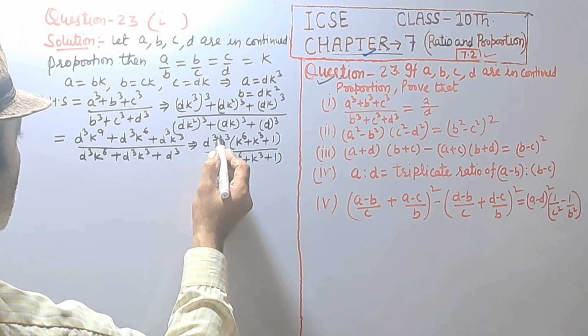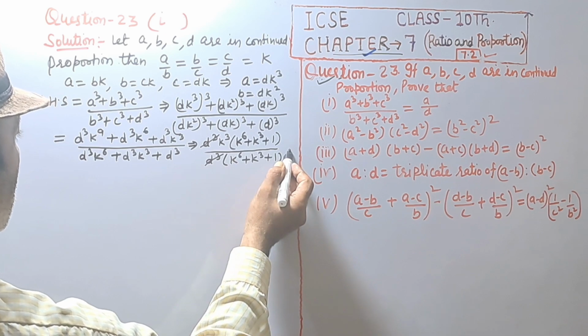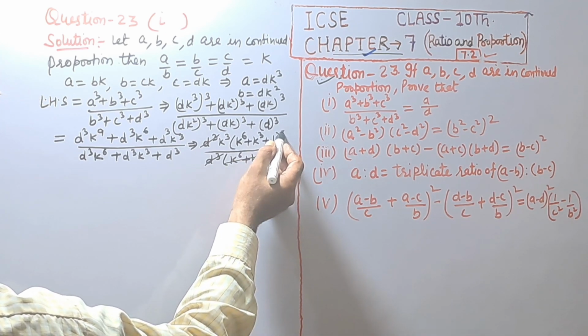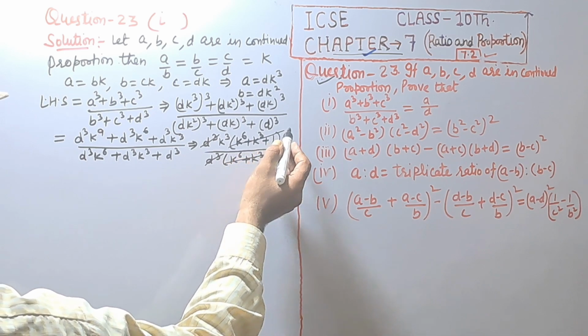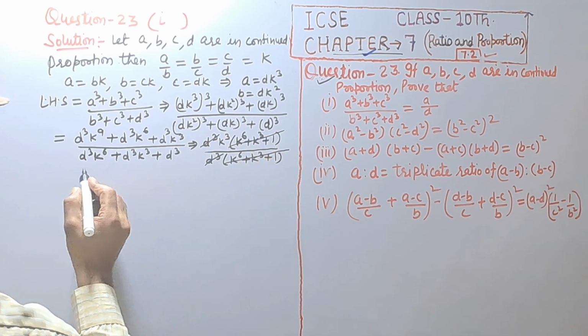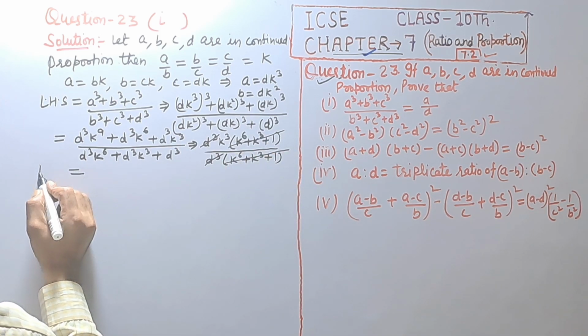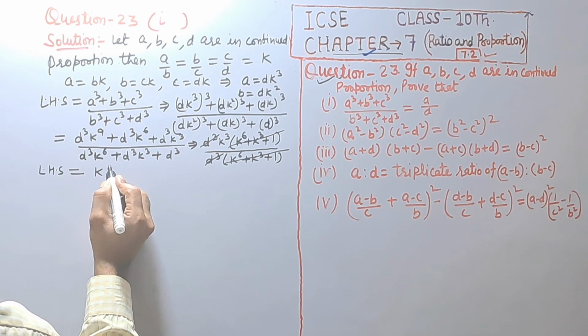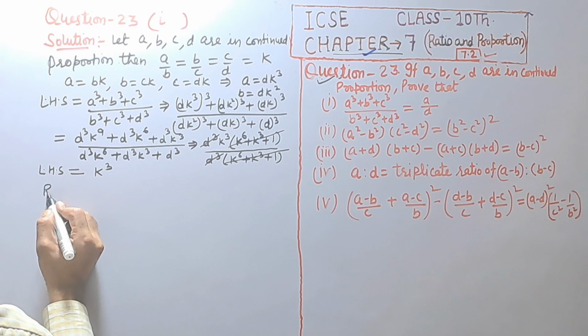D raised to power 3 cancels, and K raised to power 6 plus K raised to power 3 plus 1 cancels, and we get left hand side is equal to K raised to power 3.